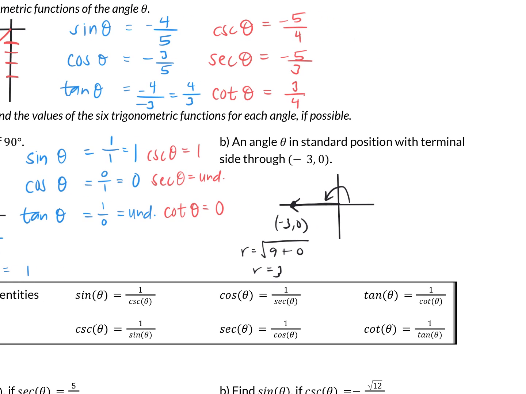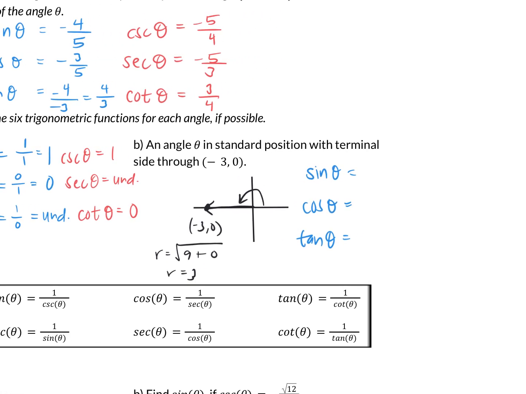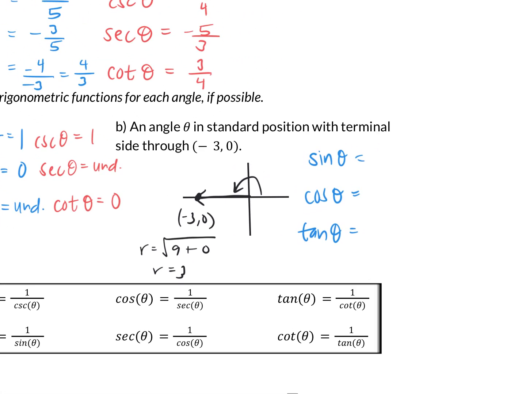And now I can just go ahead and write out my 6 trig functions. I've got sine, cosine, tangent. So my sine value is my y value divided by r. So 0 divided by 3 is going to give me 0. Cosine is my x value over my r value.